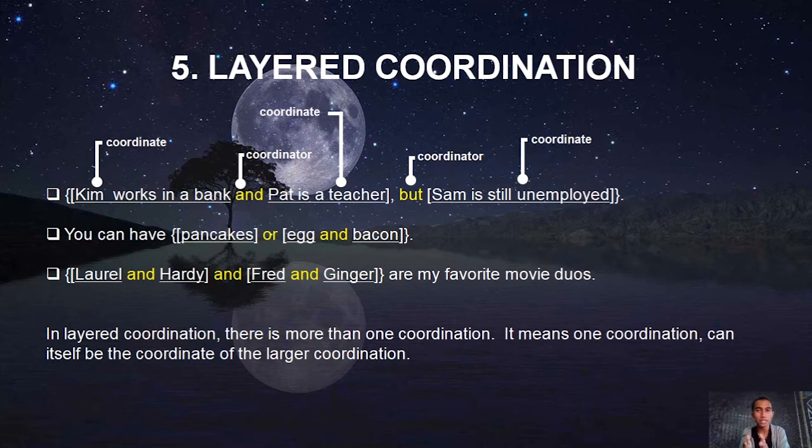But is the coordinator of the larger coordination. Sam is still unemployed is the coordinate of the larger coordination. Kim works in a bank is the coordinate of the lower level coordination and is the coordinator of the lower level coordination. Pat is a teacher is the coordinate of the lower level coordination.